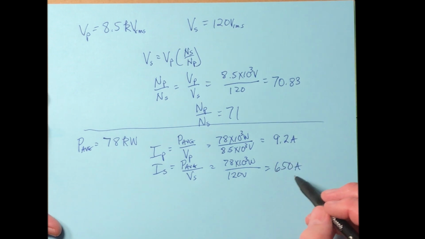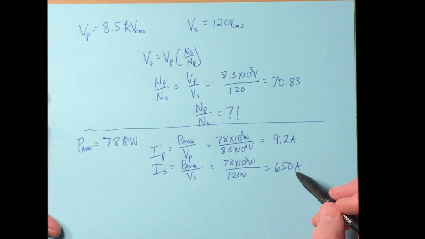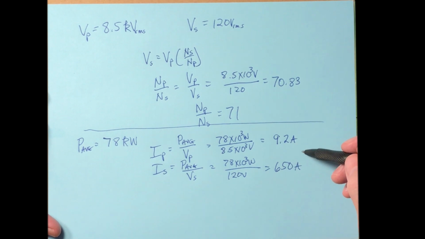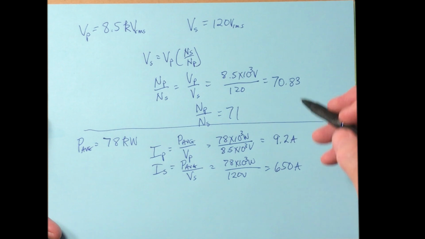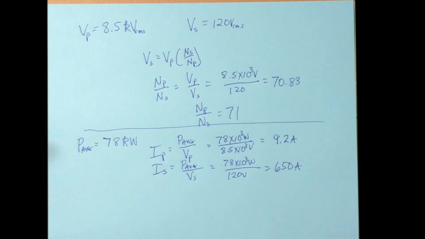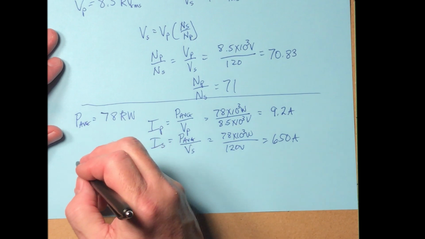So on the secondary side, you have a lot more current, and that's exactly what we needed. We needed to step down the voltage, but we needed to step up the current. However, whether or not a transformer is considered a step up or step down depends not upon the current, it depends on the voltage. All right, so you identify it by the voltage as a step down transformer in this case.